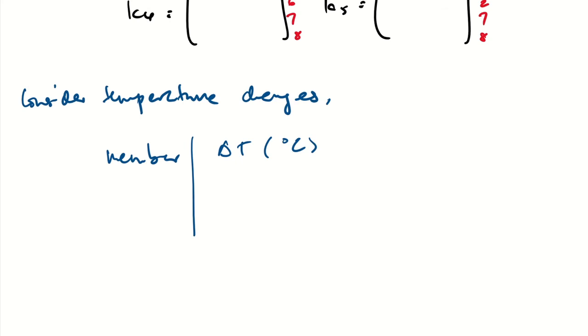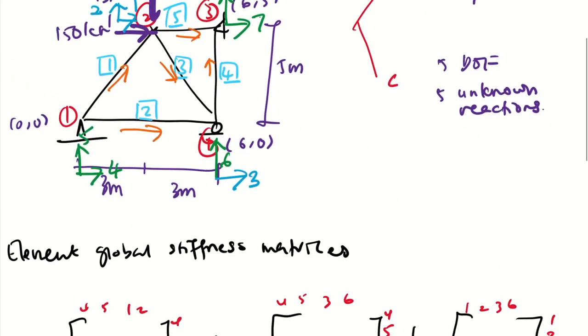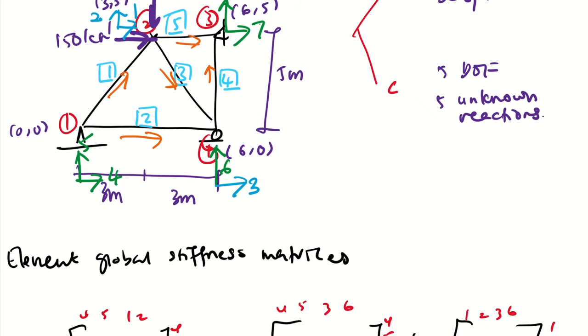Let's say there are a few members affected: member 1, member 2, member 3.